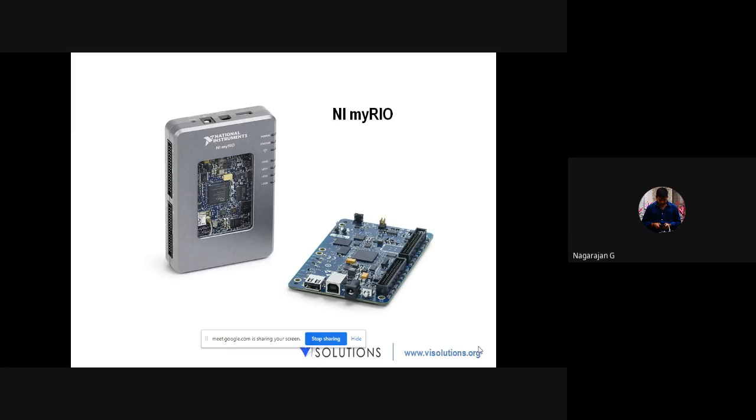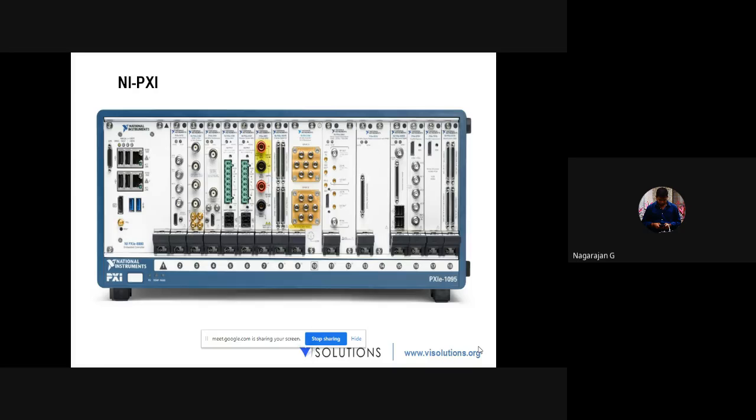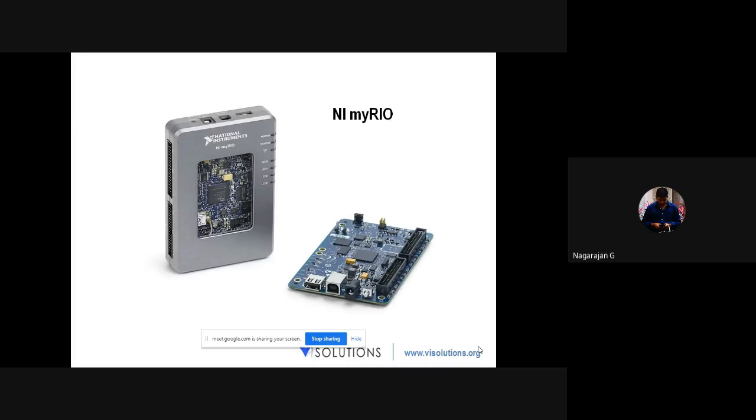Now, to work with this NI RIO hardware, it is like a smaller version of a CompactRIO or PXI system. When you have the cRIO or the PXI, you can do all the industrial-based applications. Whenever you want to do any small projects, you need not rely on those cRIOs and PXI.